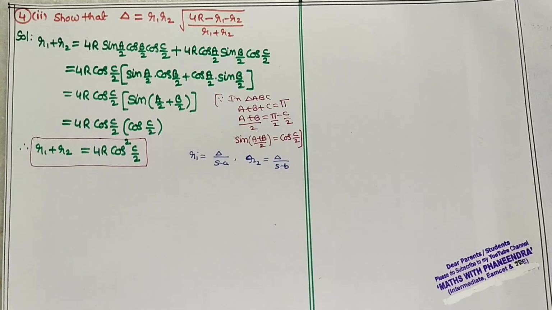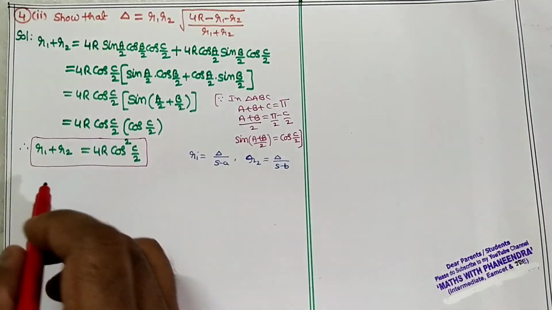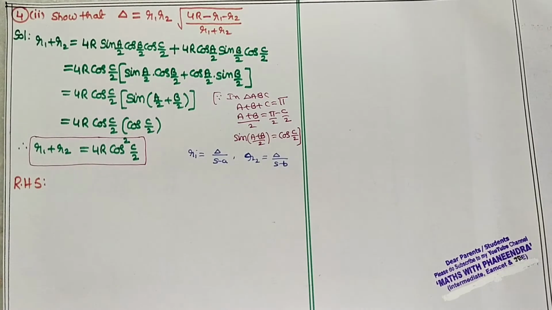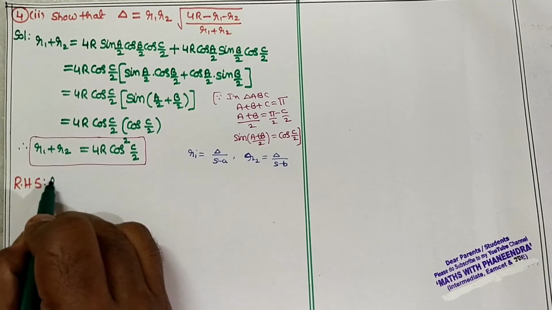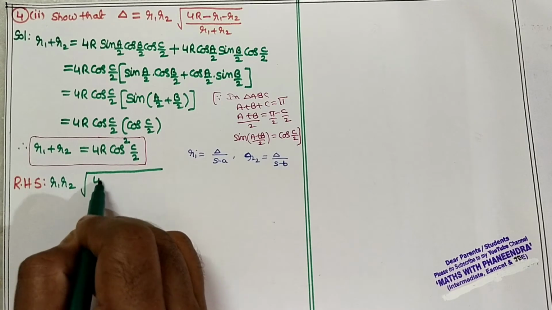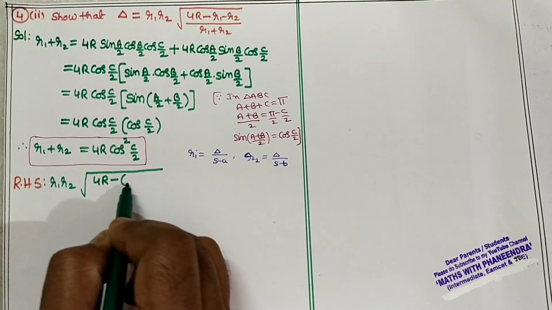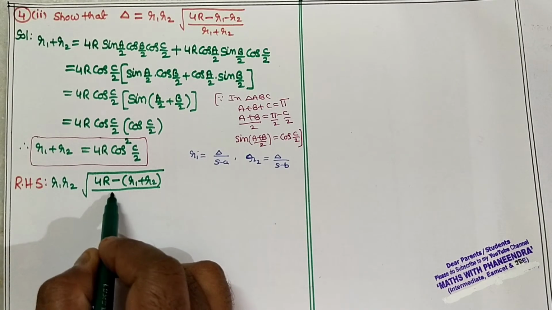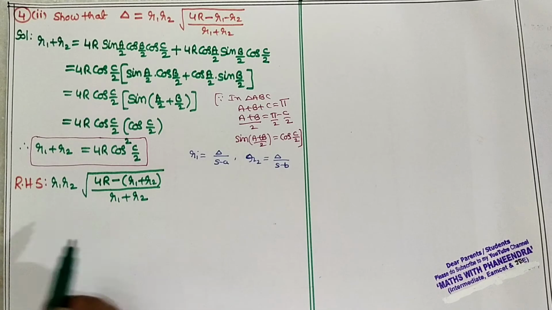So, now consider the RHS value. Here the big value is RHS now. In this RHS, R1, R2 into square root of 4 capital R minus R1 minus R2, taking common R1 plus R2, we can write it divided by R1 plus R2 which is equal to R1 value.